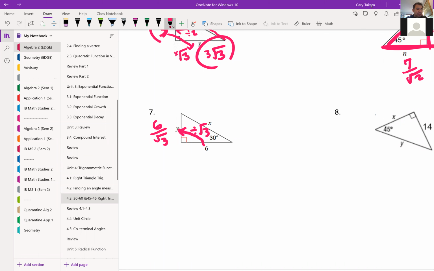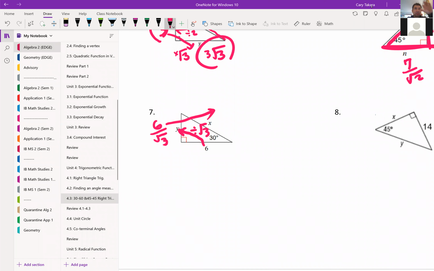Now you're going to figure out short leg to hypotenuse. X is the hypotenuse, isn't it? Again, let me ask you, do you think you have to multiply or divide? Now you're going from short leg to hypotenuse. Hypotenuse is the longest side, isn't it?